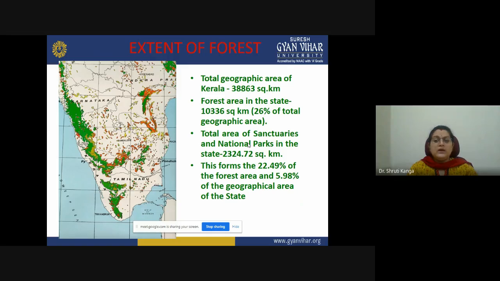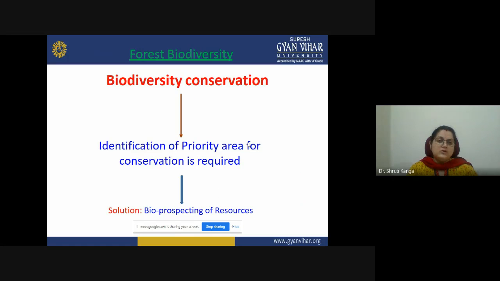Then the total area of sanctuaries and national parks, we have lots of parks and sanctuaries, is around 2,324 square kilometer. Then it forms 22.49 of the forest area and 5.98 of the geographic area of the state. Okay, so the area has this many classifications of different forest or land use types.